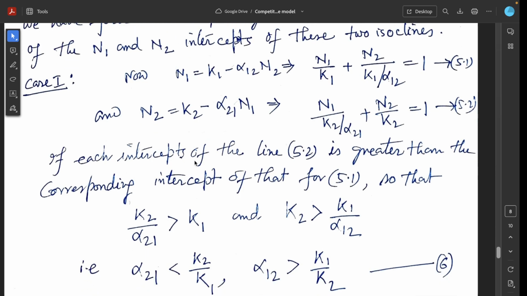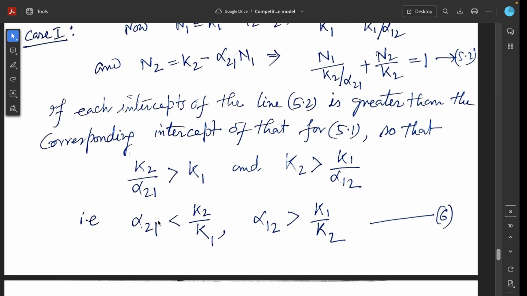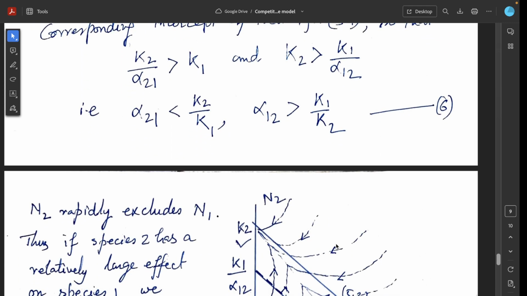If each intercept of line 5.2 is greater than the corresponding intercept of 5.1, so K2 over alpha 1 2 is greater than K1, and K2 is greater than K1 over alpha 1 2. That is, alpha 1 2 is less than K2 over K1 and alpha 1 2 is greater than K1 over K2.